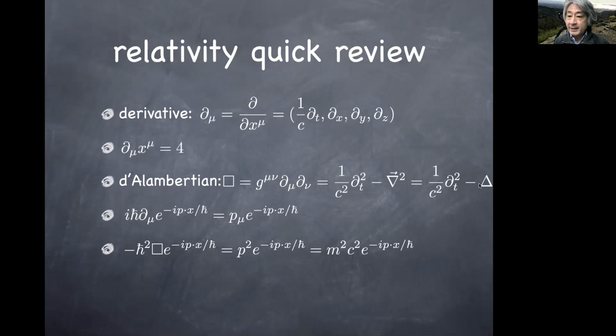Instead of using this triangle for the Laplacian, which has 3 vertices representing the 3 dimensions of space, now we are dealing with time also. So that's why we use this square symbol, representing 4 dimensions for each of the vertices. That's the idea of this notation. This d'Alembertian is then a Lorentz invariant derivative operator, which we can use for the wave equation. We'll get to it right away, called the Klein-Gordon equation, in a couple of slides.